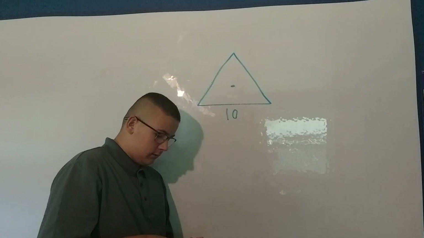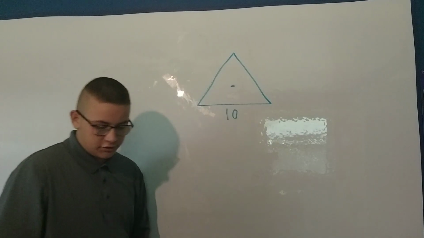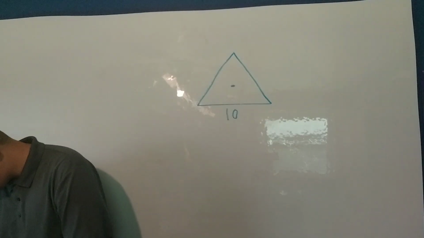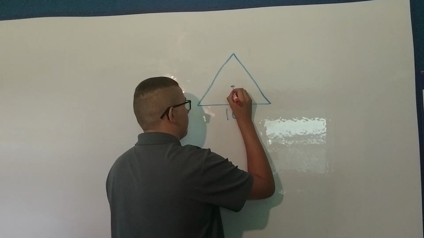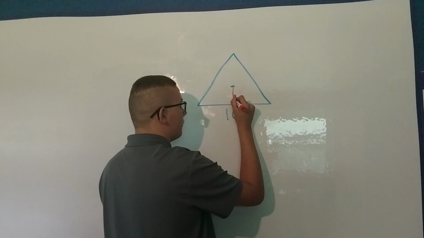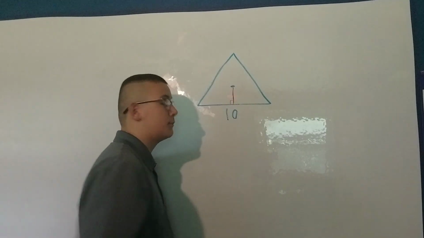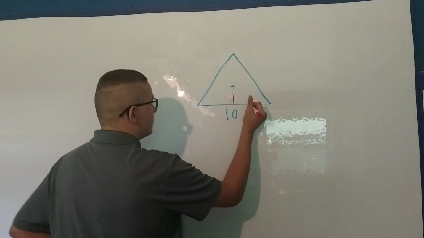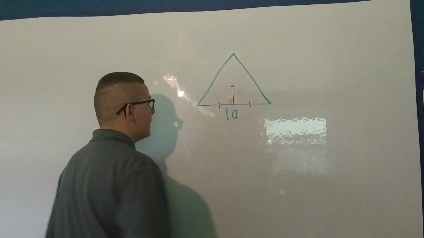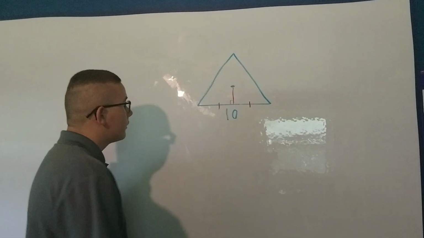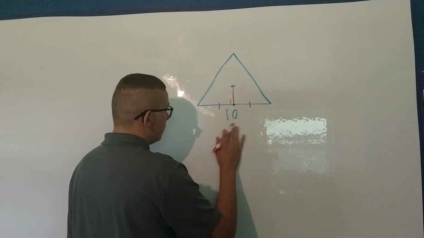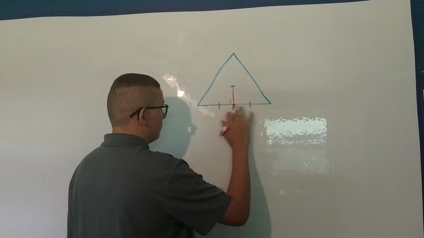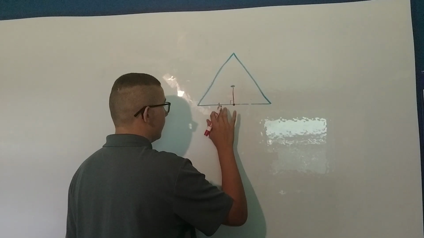Well, first let's draw out our apothem here, right? And remember, the apothem is perpendicular and it's a bisector, so it cuts that into 2 equal halves. So let me draw this as 5 and 5 instead.